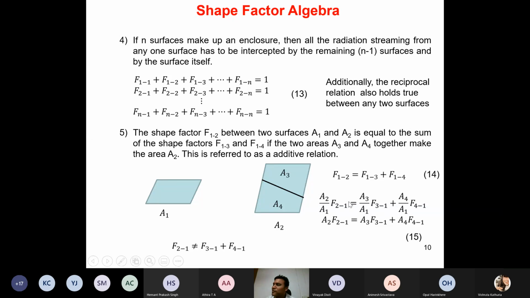So we are just using the reciprocal relation here for these individual terms. And F14 can be written as A4 by A1, F41, and this denominator A1 will get cancelled out. So the actual relation in reciprocal form is going to be A2 F21 equals A3 F31 plus A4 F41, and this is not the same as F21 equals F31 plus F41. Therefore, the reciprocal relation directly from equation 14 is not correct. Is it clear to everyone? Hello? Is it clear?